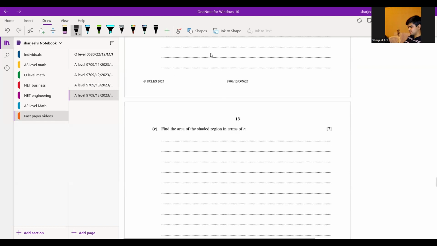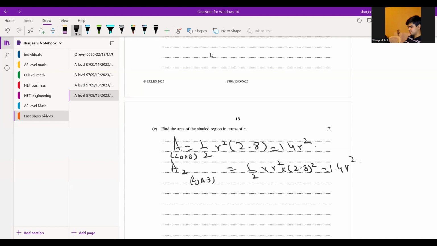For part C, we have to find the area of the shaded region. That would be 1 by 2 r squared theta. A2, A1 is angle OAB. So A2 for angle OAB will be equal to 1 by 2 into R squared into 2.8, 1.4 R squared.